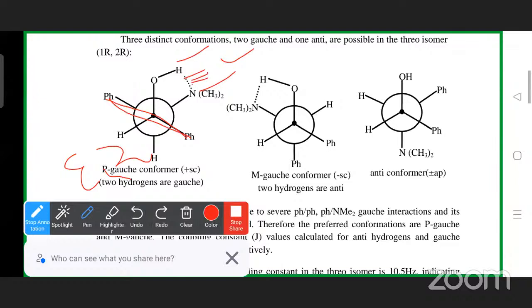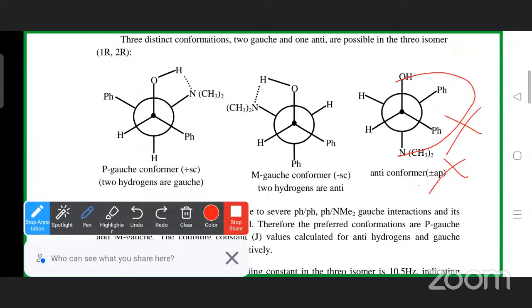These are in the gauche relation, and the hydrogens are anti. Here the phenyls are anti, here the hydrogens are anti. Generally the anti group is the least stable, because it won't be able to form the hydrogen bonding here, since they are spatially separated.